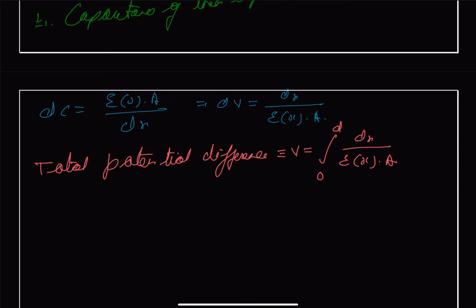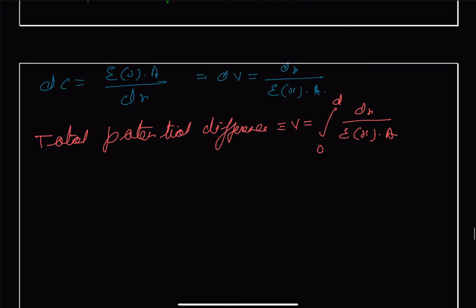And in terms of capacitance, we can also write this as 1 upon C equal to the integral from 0 to d of dx divided by epsilon x multiplied by A. We need to find 1 upon C, so let's keep it like that.